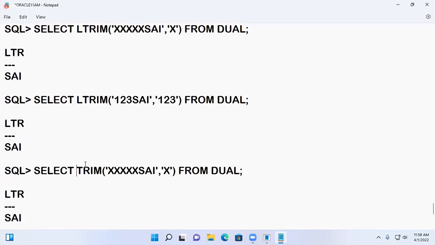Suppose if you want to take R trim, so this X I'm giving in the right side and remove.